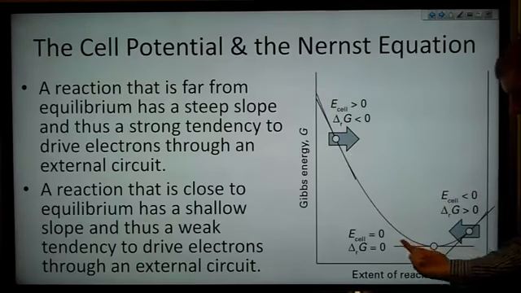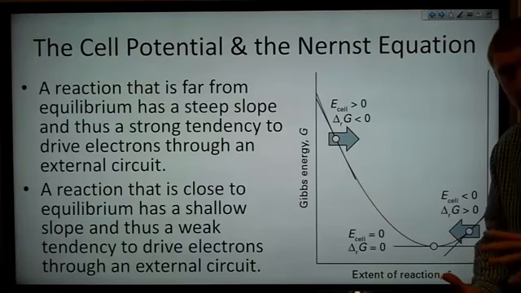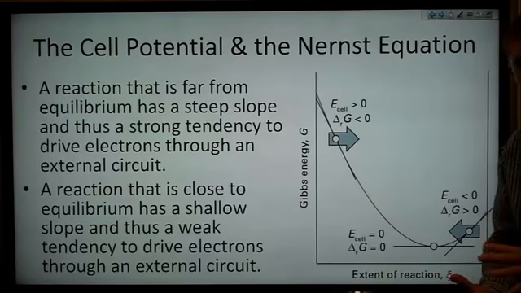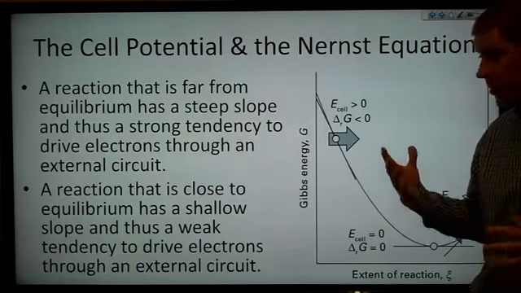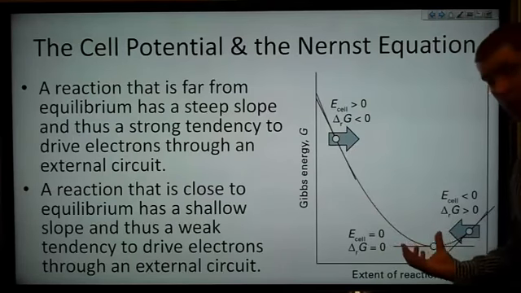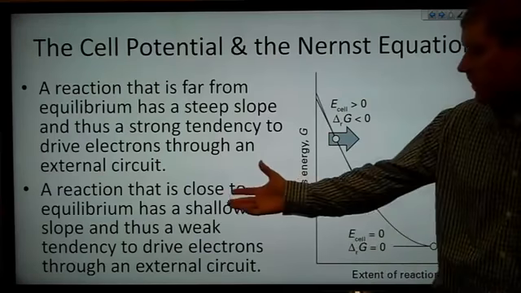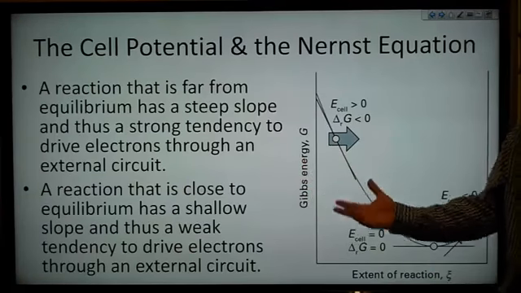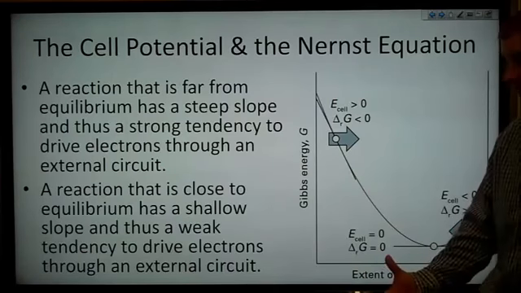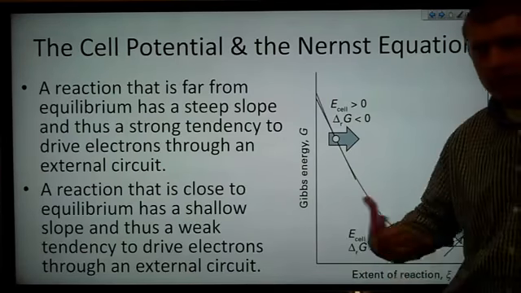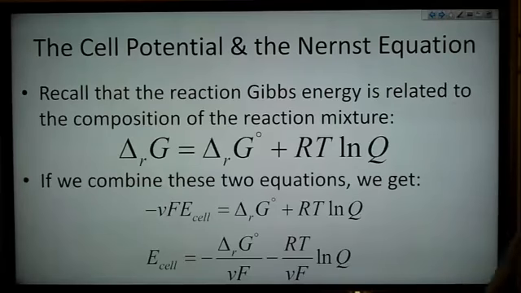As we get closer and closer to equilibrium, the electrochemical potential drops, and that means the power that we're getting out drops, and this is why we call batteries that are closer to equilibrium dead cells. So a reaction that's close to equilibrium has a shallow slope, so we're down in here somewhere, and thus it has a weak tendency to drive electrons through an external circuit. This is not very powerful, and it's not very useful to us as a battery.